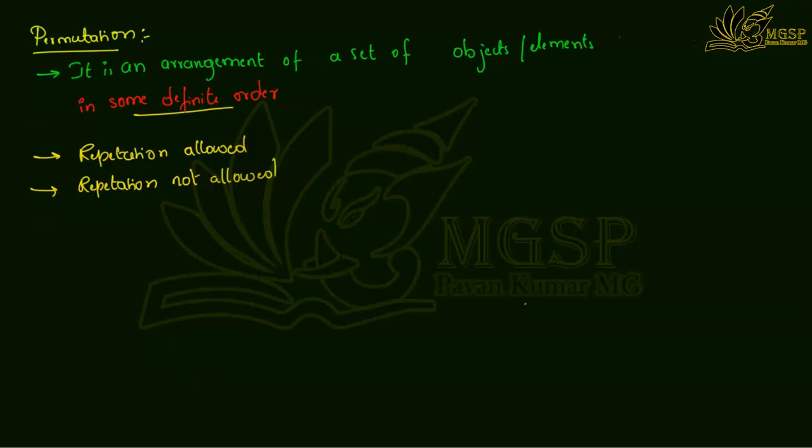So I will make this a rule. I will state this as rule 1. What does rule 1 tell? n distinct objects or elements can be arranged in n factorial ways.